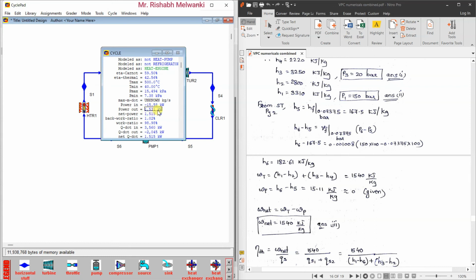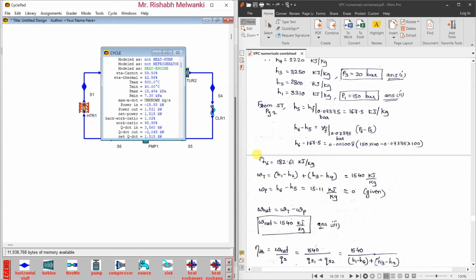Okay, now the units are different over here because here we had considered mass as 1 kg, but here we have considered mass flow rate as 1 kg per second. So here we got kilojoule per kg and here we are getting kilojoule per second. Okay, but if you forget about the unit part, just see the values. We have 1540 WT and here I have 1531.